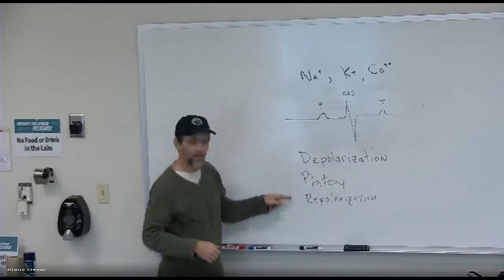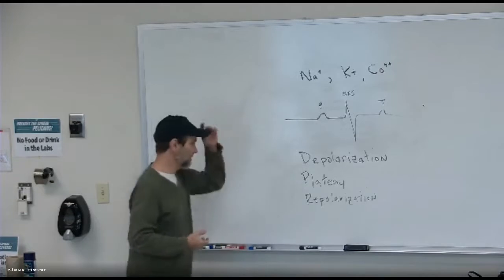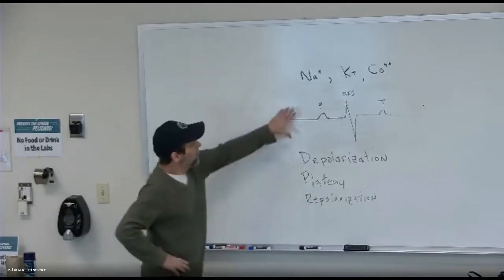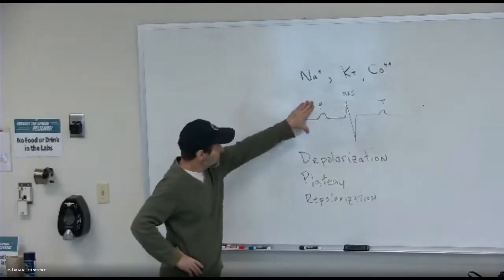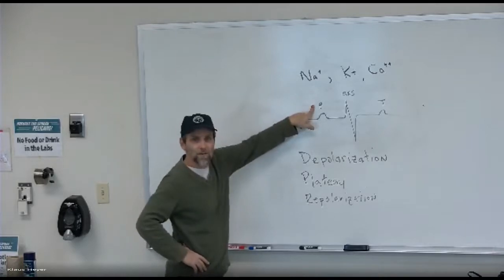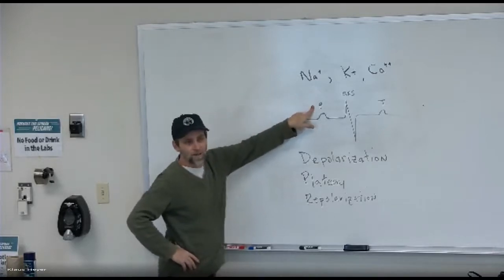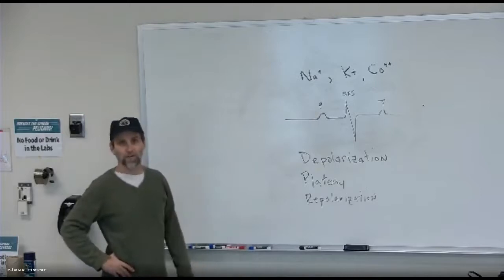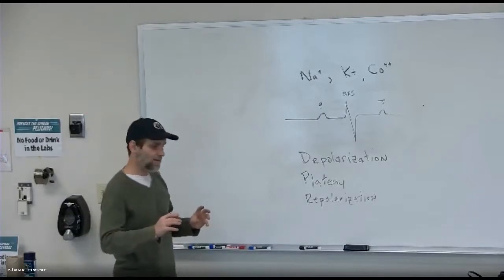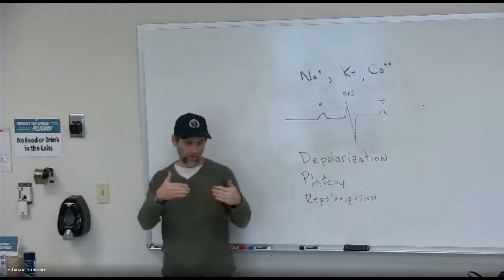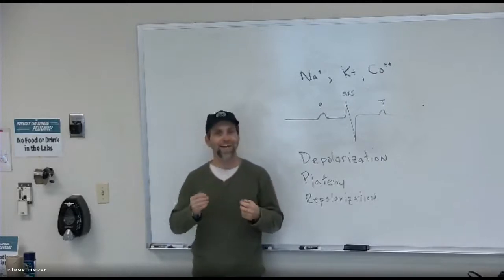The EKG is looking at the electrical activity. The P wave is measuring atrial depolarization. It's saying that all the sodiums are rushing into the cells in the 2 atrium.